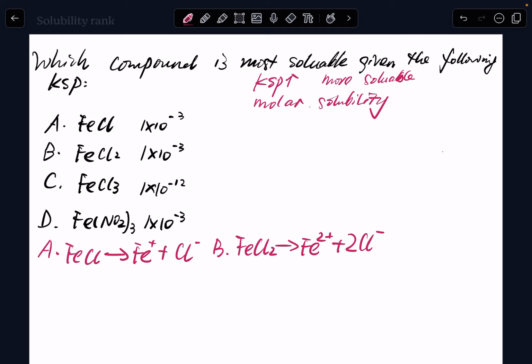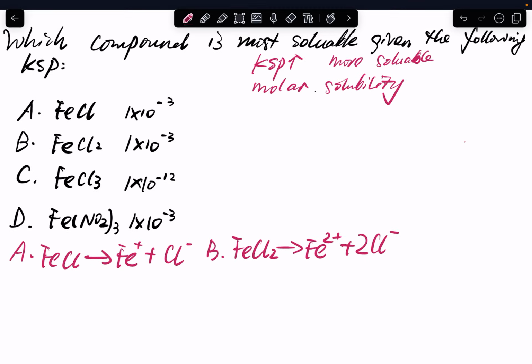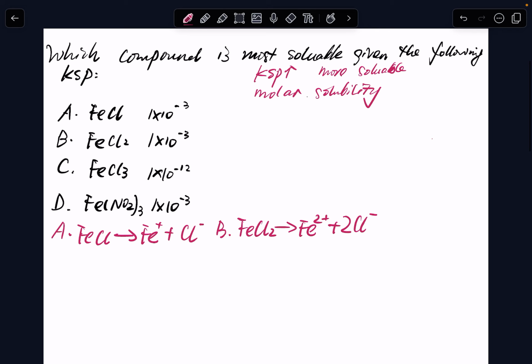Now let's do the traditional, complicated GenChem way of finding the molar solubility. We're going to use the ICE table. I is the initial, C is the change, and E is the equilibrium. Originally I have x moles of FeCl and zero moles of the products, since the reaction hasn't happened yet.